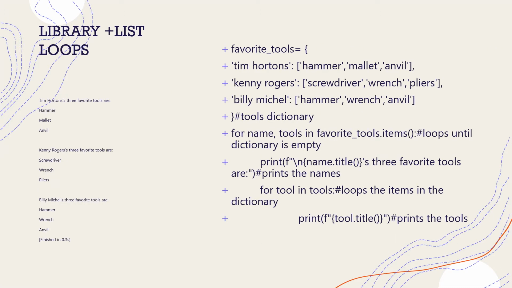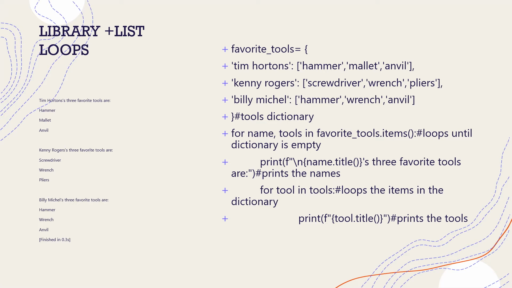On the second one, we were trying to add some lists to a library. So you have the key, and then the values will be in a list, and from there you can loop through to call the lists. In this task, we were supposed to get 3 people and write out their favorite tools.